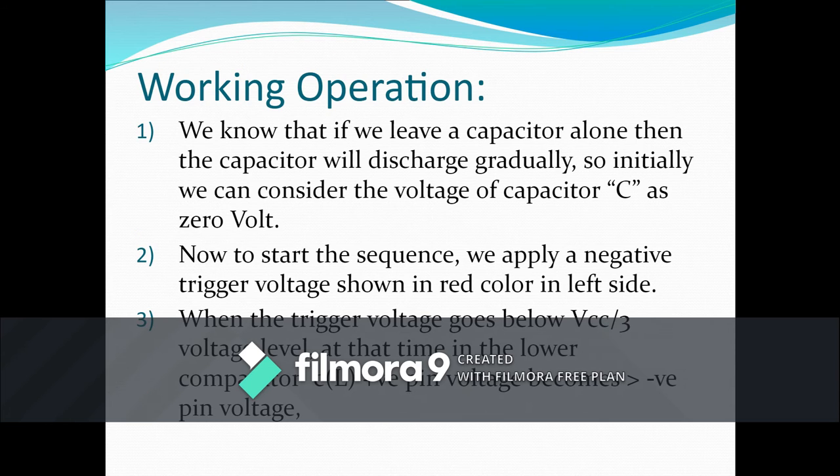Then we have the working operation of the monostable multivibrator. We know that if we leave a capacitor alone, it will naturally discharge and be at zero voltage, so it is taken as the initial voltage. So the capacitor is at zero voltage in the initial state. Now when we start the sequence, we apply a negative trigger voltage, shown in red on the left side.